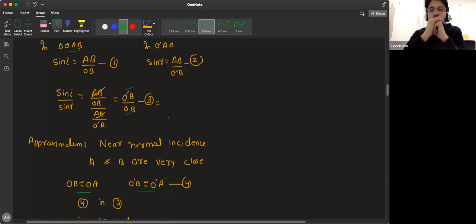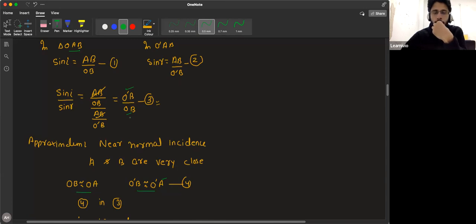How much will be sin r? Perpendicular by hypotenuse, AB by O prime B. Then just take the ratio. So AB will cancel out. This is O prime B by OB. Clear?